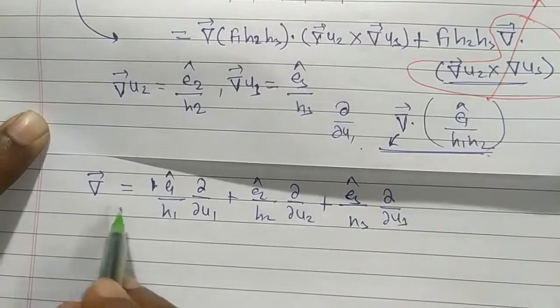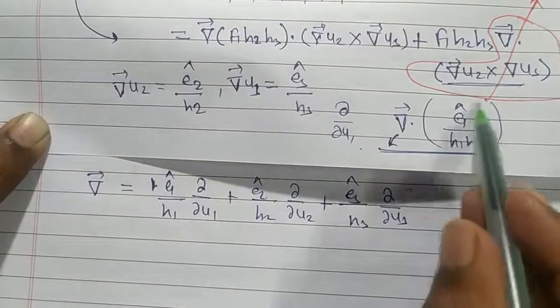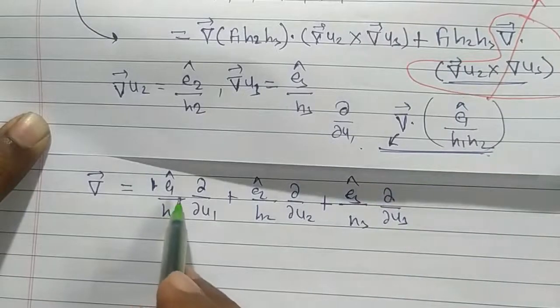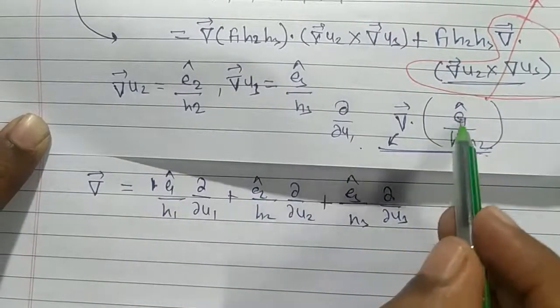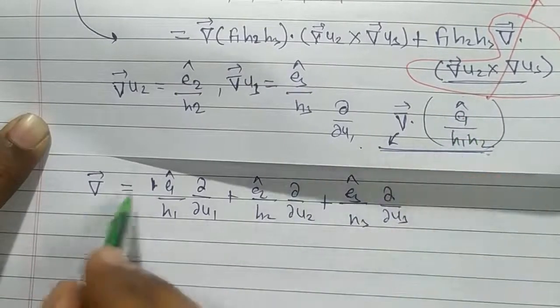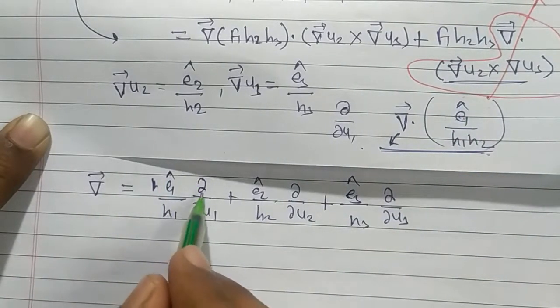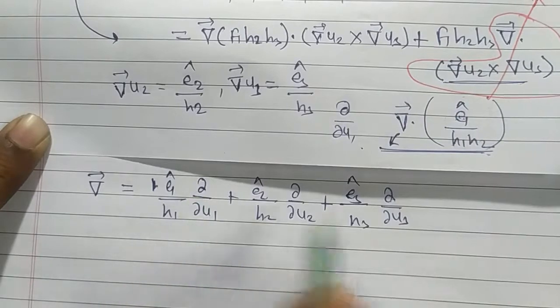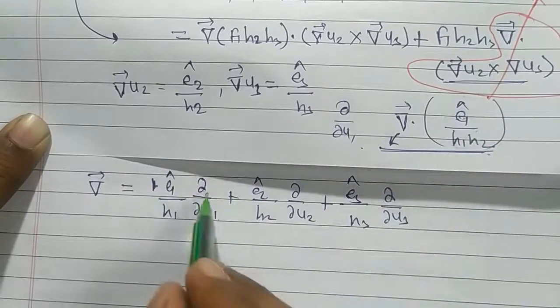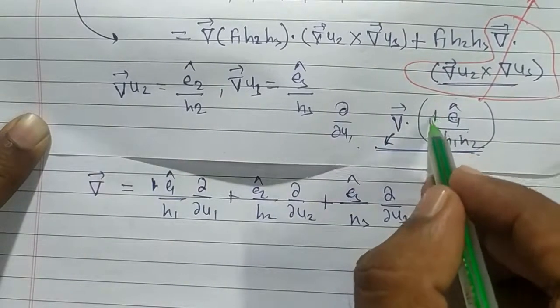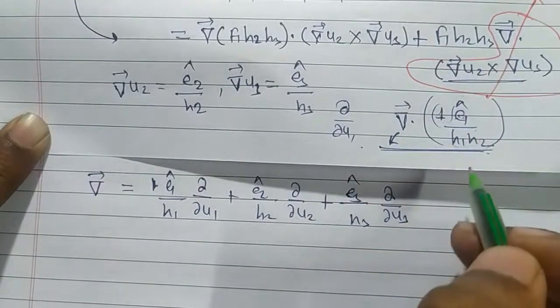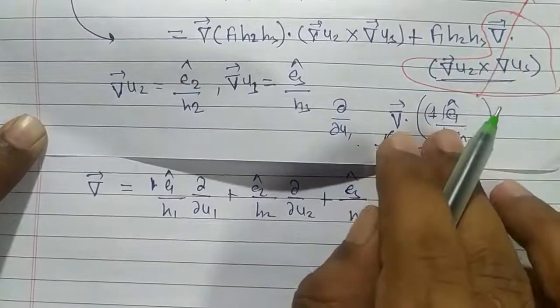So this is the expression for del bar. I am operating del bar on this quantity. As I am taking dot product, only the quantity which involves e1 cap will survive. So you can see this quantity will be there, and you have to take differentiation of this quantity with respect to ∂/∂u1. This doesn't contain any u1, right? You can see it is a 1 here, so differentiation will be 0.